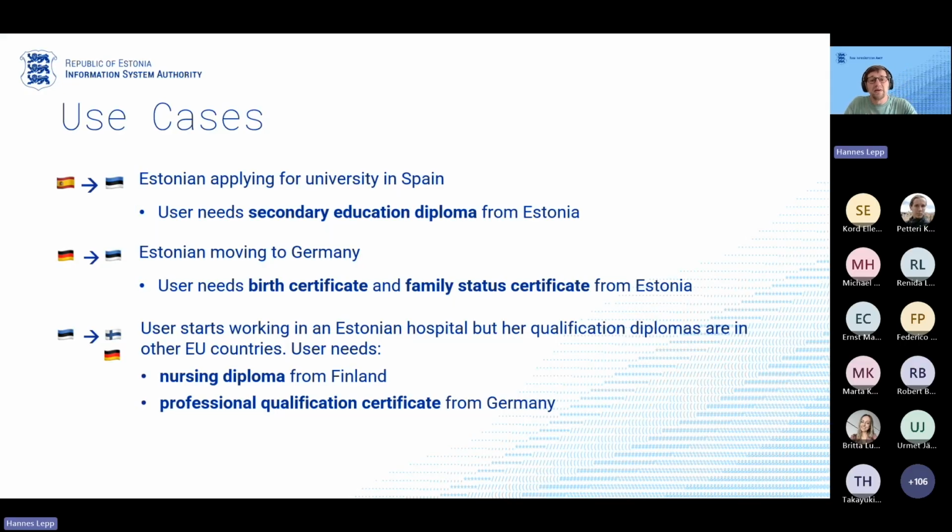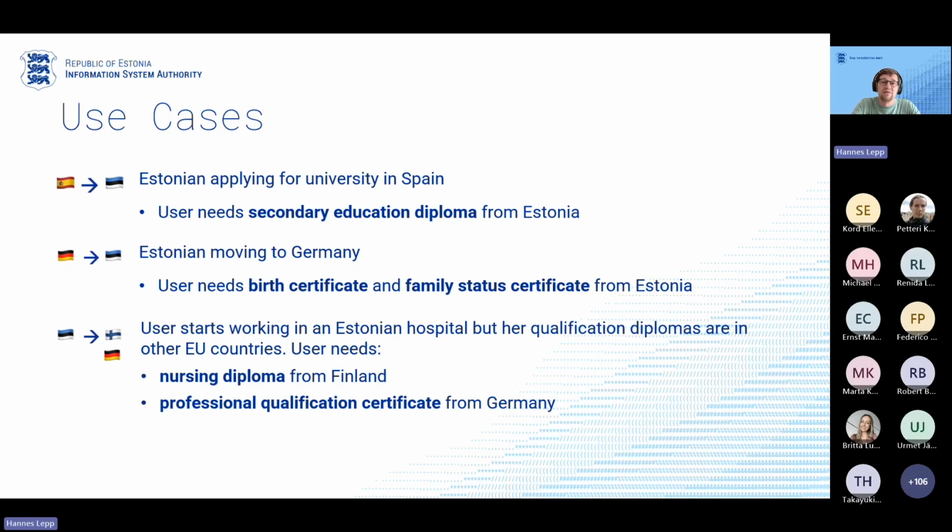So I will start with a few practical examples that explain the need for this kind of system. Across the European Union, many people live, study, and work in different countries, and they need access to cross-border administrative procedures.